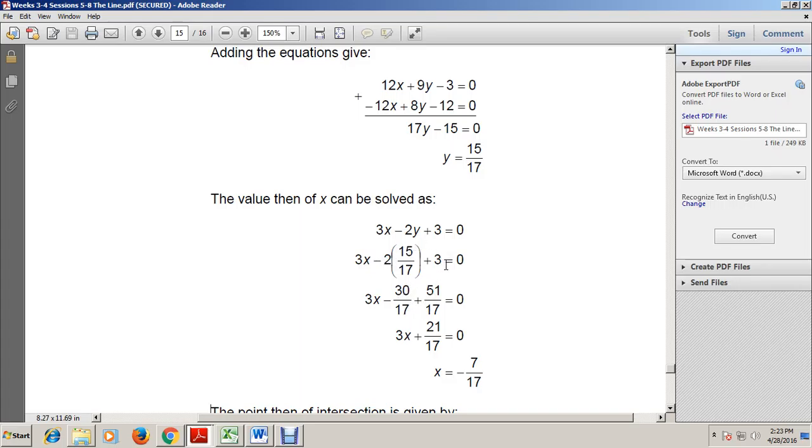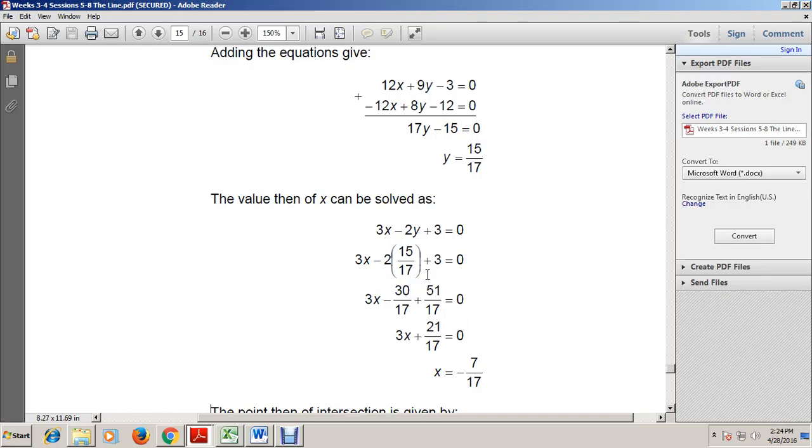plus 3. There is a missing step here. This 3 has the denominator 1, and what was done here is that these two fractions, 30 over 17 and 3, were added together and separated into two separate fractions.